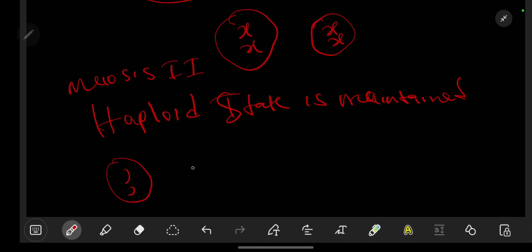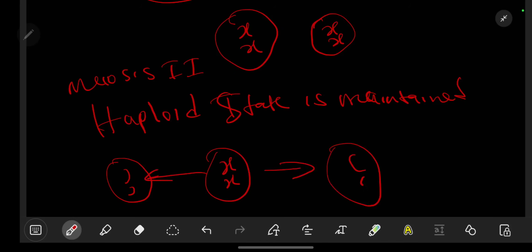This cell has to divide into 2. If we have this structure like that, it is broken down, more like released. The chromosome is just split, but still we have 2 chromosomes. Even if chromosomes are attached together like that, we are just going to call them 2 chromosomes. So the haploid state is maintained under meiosis 2. Let's move on.